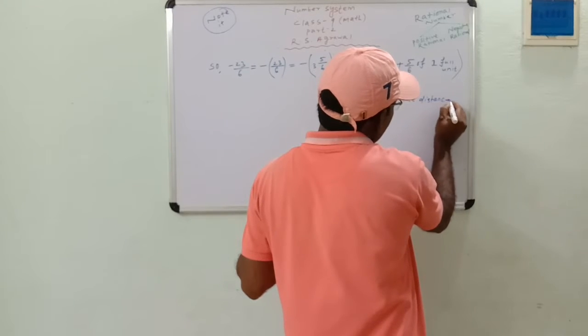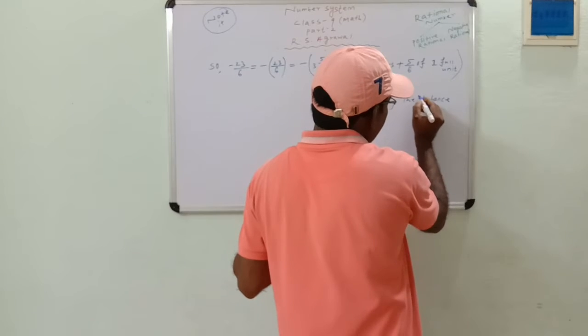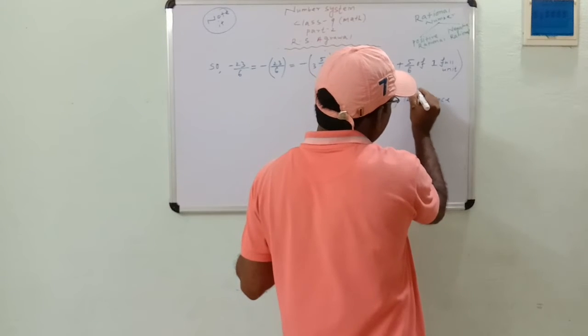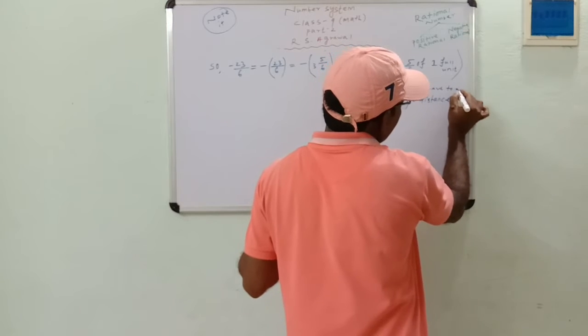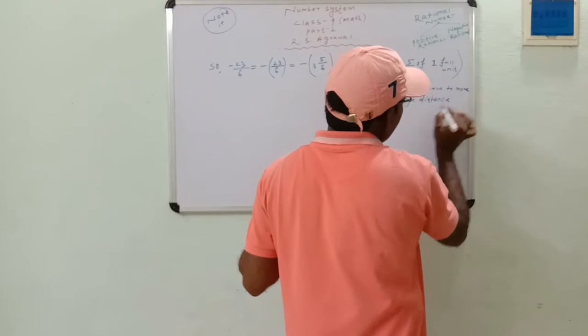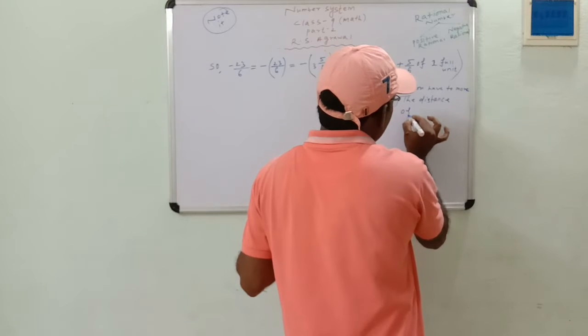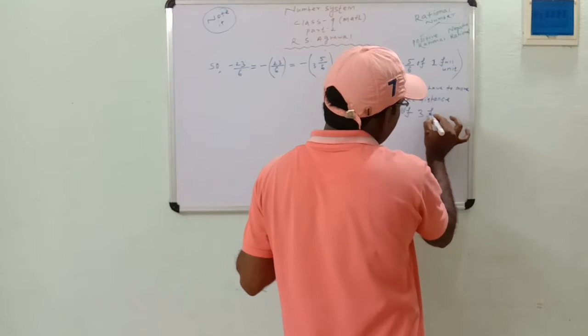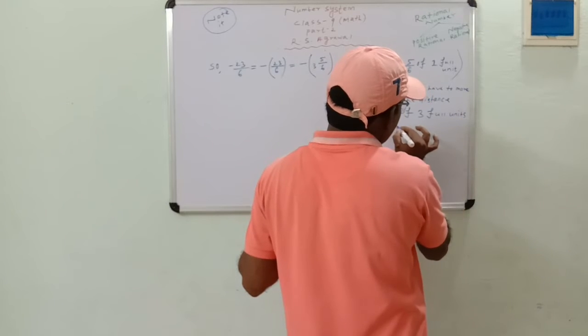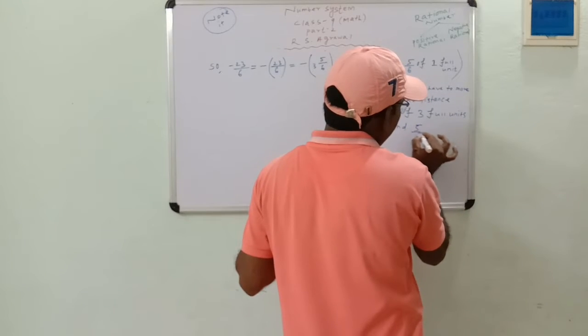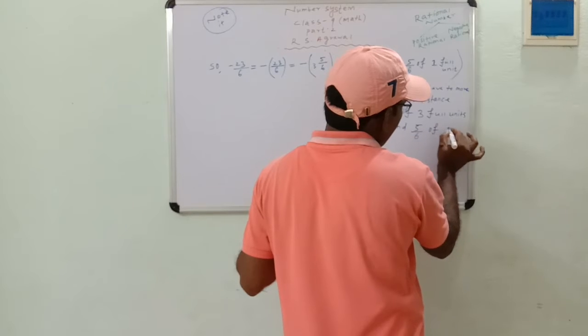It means you have to cover, or you have to move, the distance of 3 full units and 5/6 of 1 full unit.